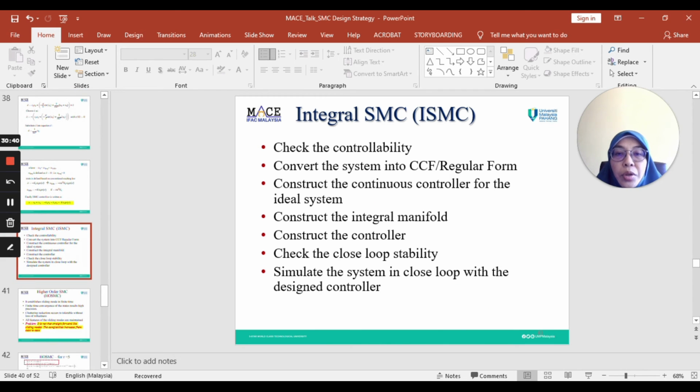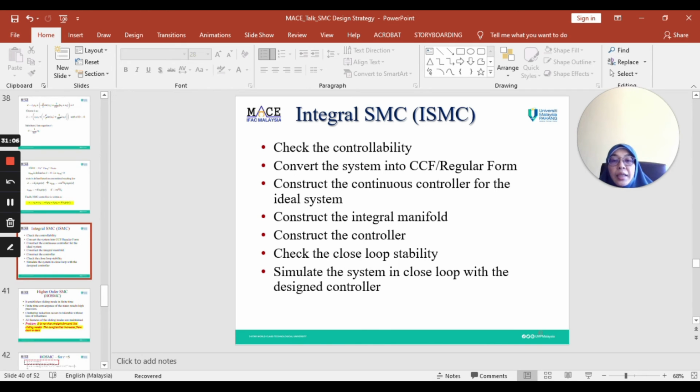Basically, when we want to use this as an ISMC, we have to check the controllability and convert the system into controller canonical form or regular form. We construct the controller for the ideal system, which is when the system is controlled by u0, and then we construct the integral manifold.